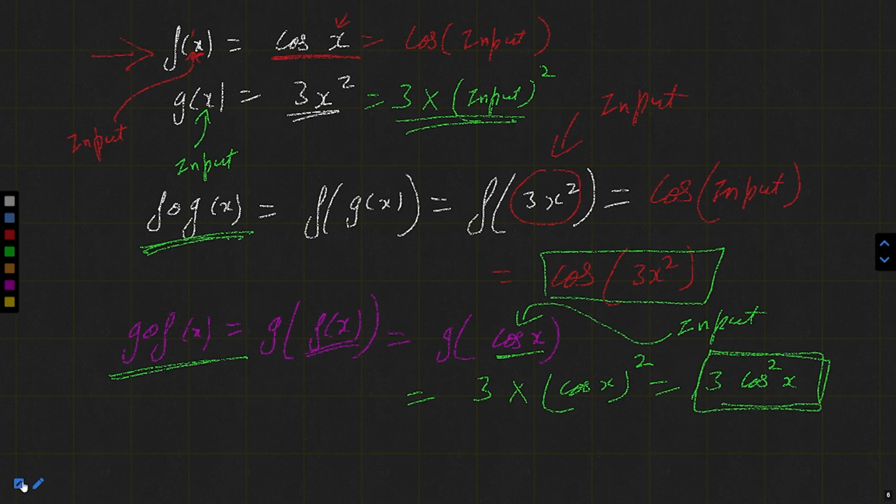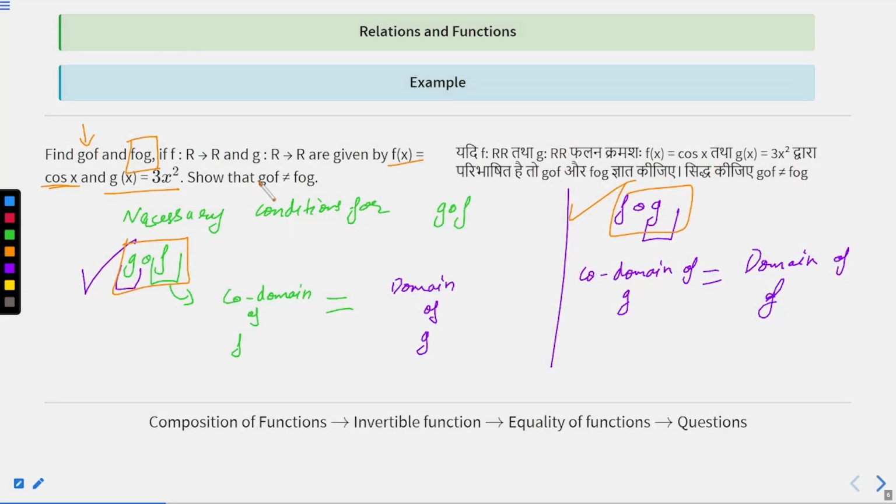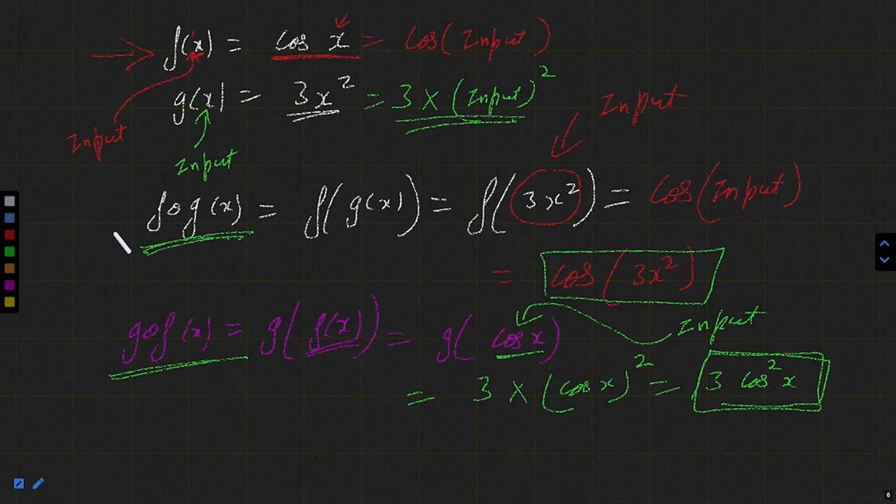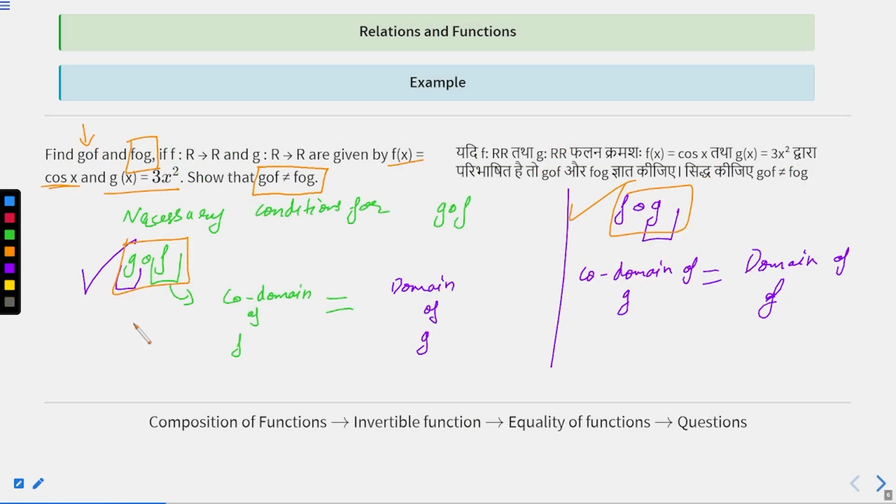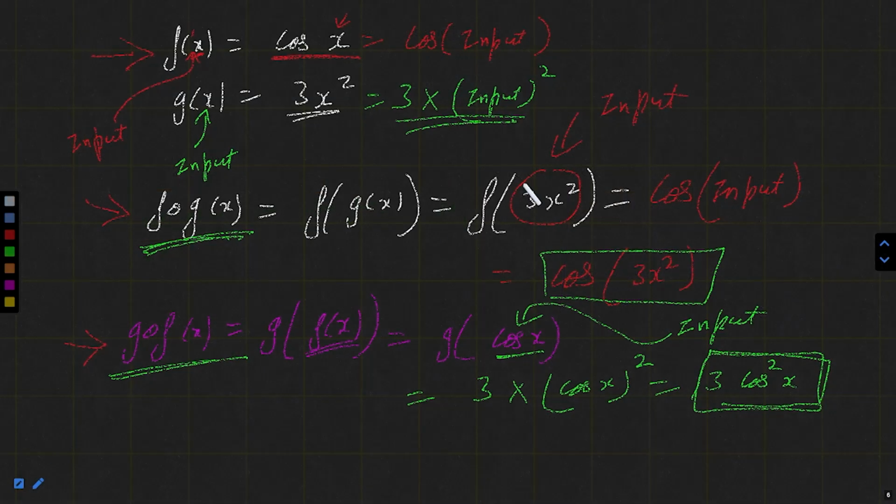Okay. And as you can see, what we need to show is that g of f is not equal to f of g. So this means this relation, or this relation given to us, both are different from each other. When do we say that two relations are different from each other?